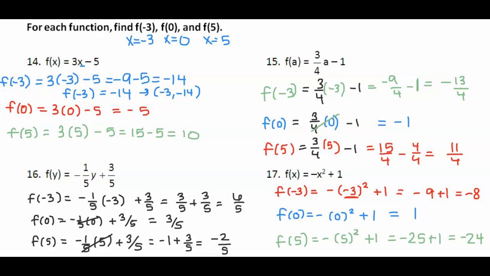So just to kind of get into good practice, 14 and 15 are linear, 16 is linear, 17 is what we call a quadratic. So we're going to start talking about types of functions. So that's a quadratic.